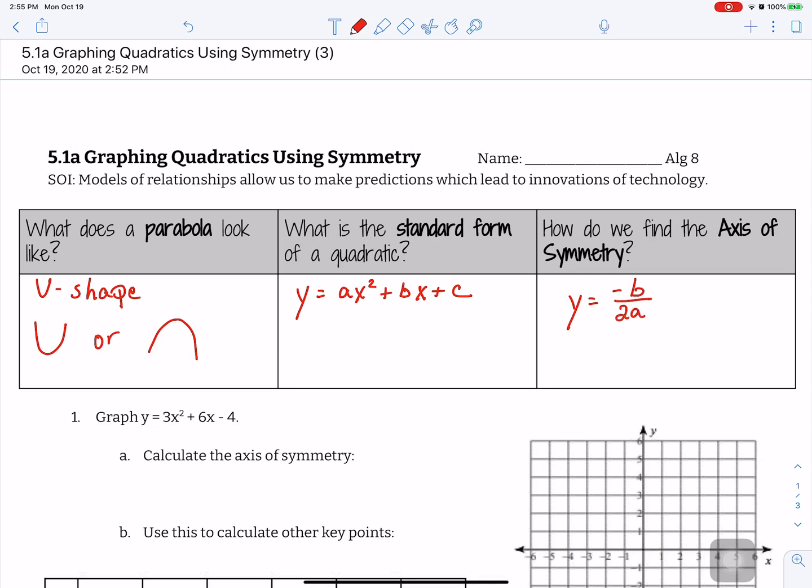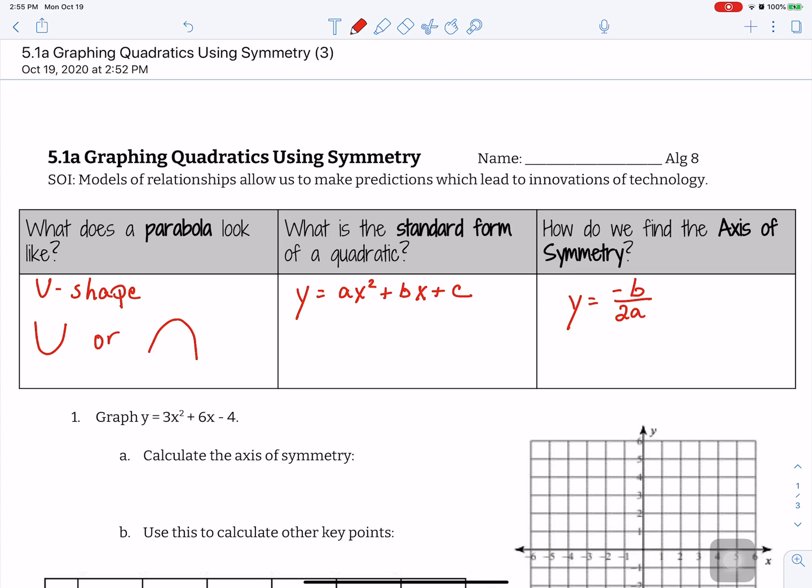So that's how we can find where our graph is going to be symmetrical, because it's a U-shaped graph. We want to be able to know that if I know one side, then I know exactly what the other side of that particular equation is. These are things that you should have in your notes, and so you want to make sure that you are having those available for you and can be able to find them.